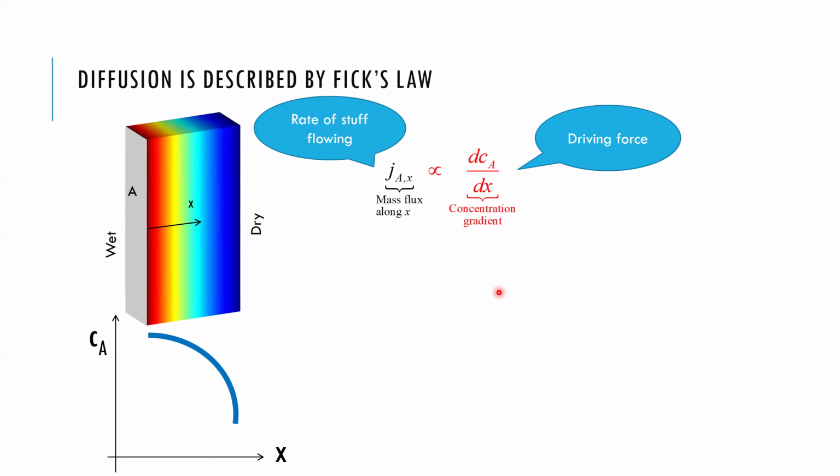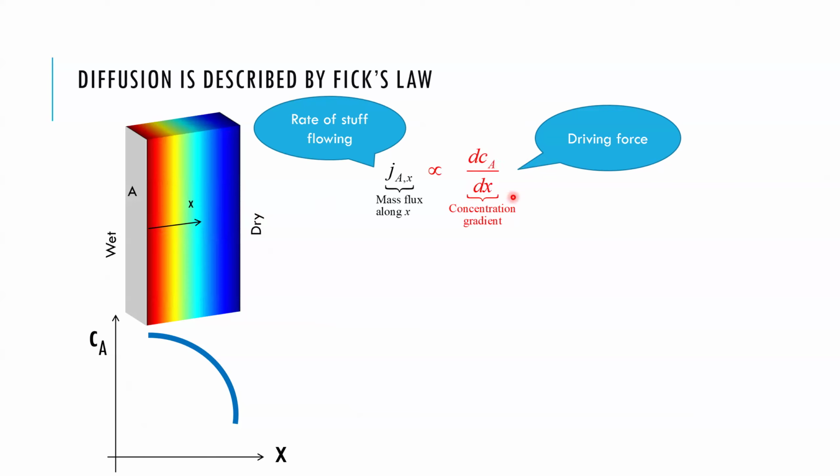So let's say this is a solid and vapor is diffusing through it. This is saying the rate at which vapor is diffusing through is proportional to the vapor concentration gradient, dC_A or dC_vapor over dx.